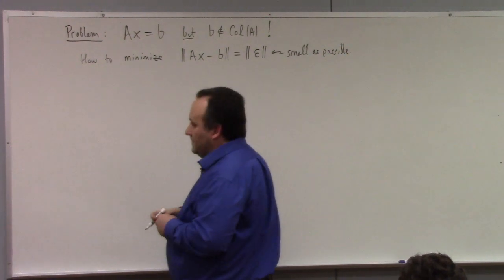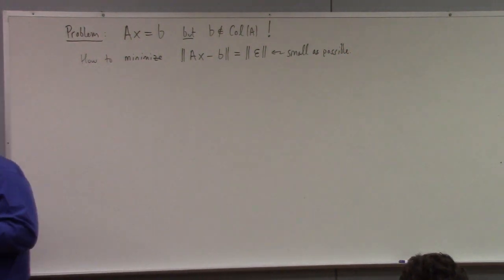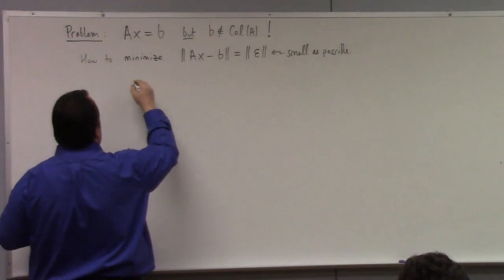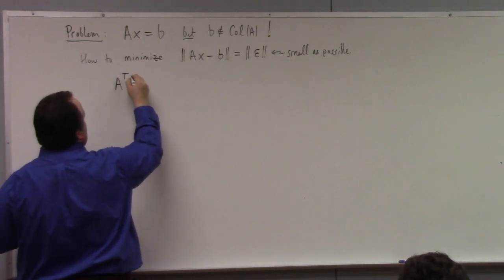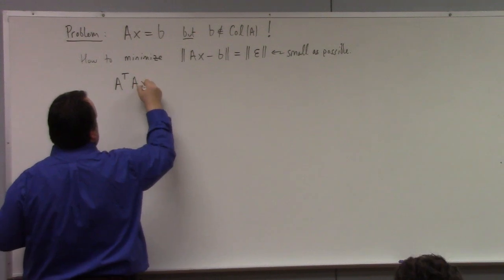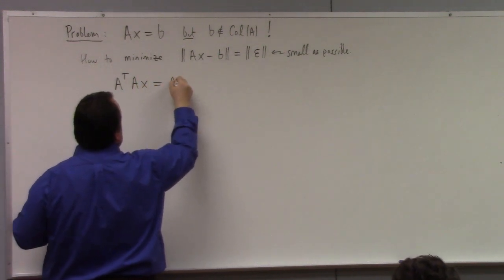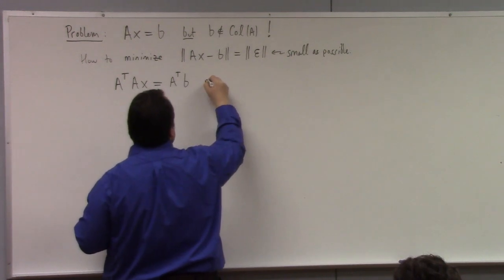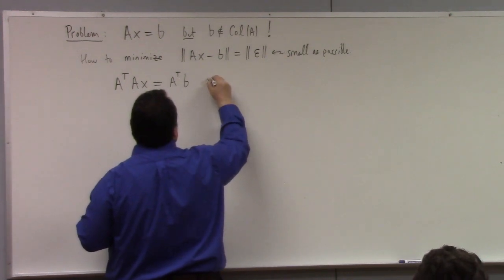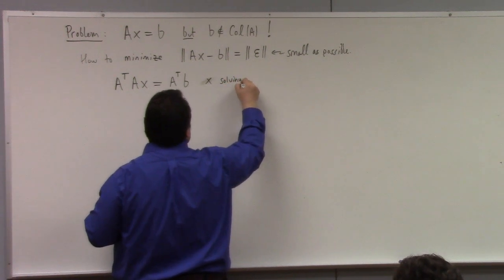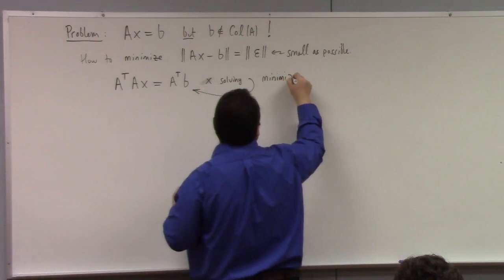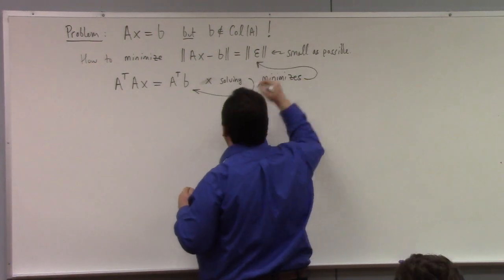It turns out, I'll explain this, I don't want to rush it, I'm just going to tell you the answer and show you what QR means for it. It turns out that the solution to A transpose Ax equals A transpose b, this solution x solving that, minimizes that.